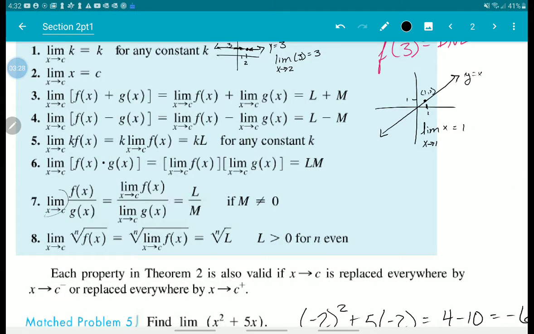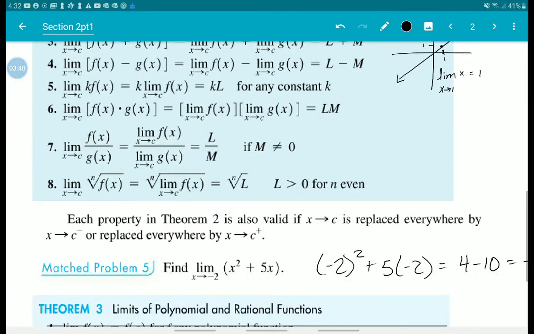Property 7 says the limit of the quotient is equal to the quotient of the limits. That works as long as we're not dividing by 0. If we're dividing by 0, we have problems. And then property 8 says if I take the limit as x approaches c of the nth root of f of x, I can take that limit of f of x first, and then I can take the nth root of that limit, whatever that number is.